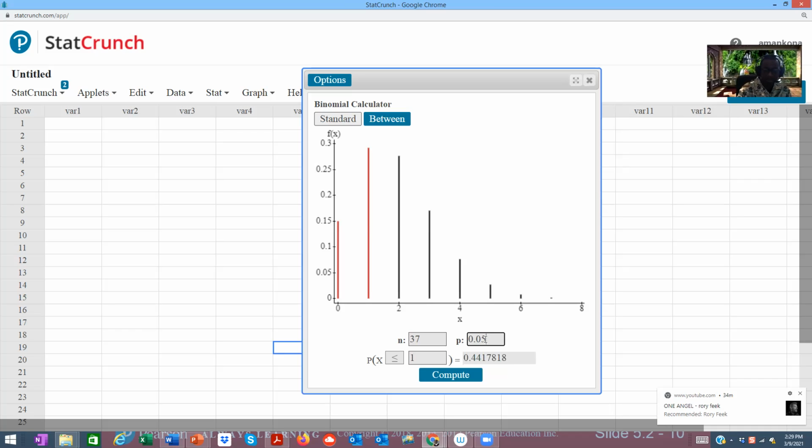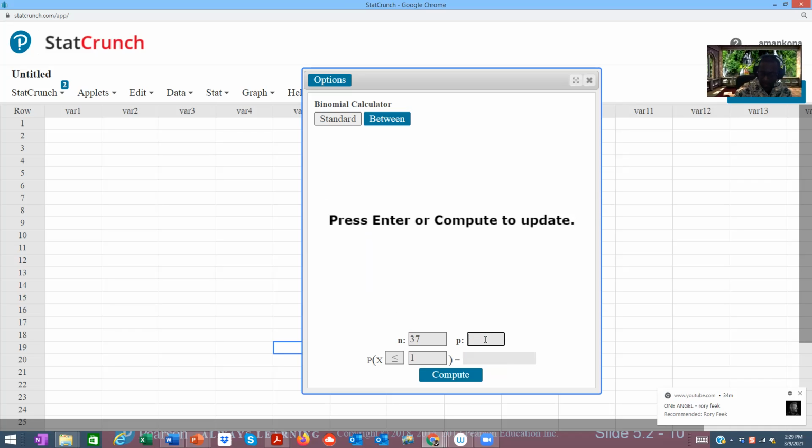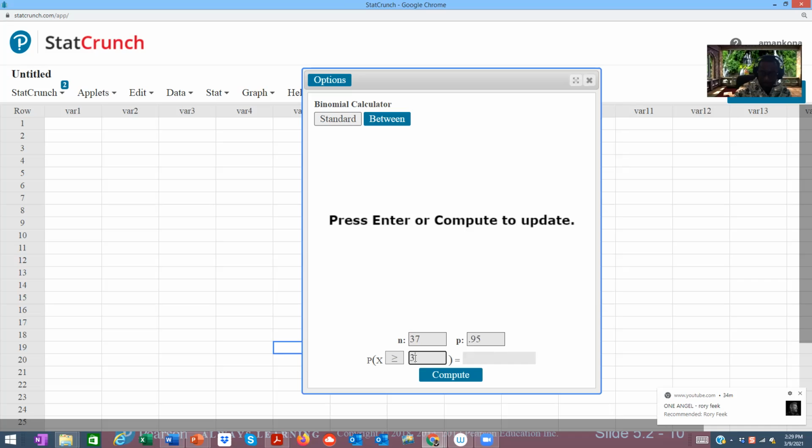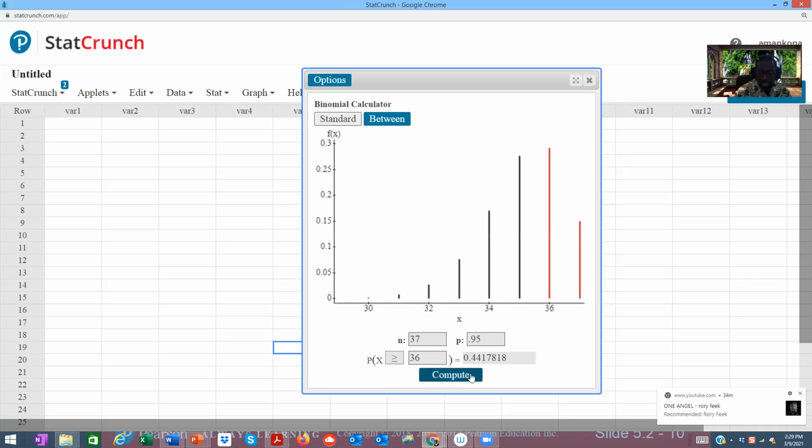Notice that we'll get the same thing. This will be 0.95, but this time if we get greater than or equal to 36, we should get the same answer. So 36 out of 37 are good, or all the 37 are good, then we accept the whole batch. In this case, the answer will be 0.442 to 3 decimal places.